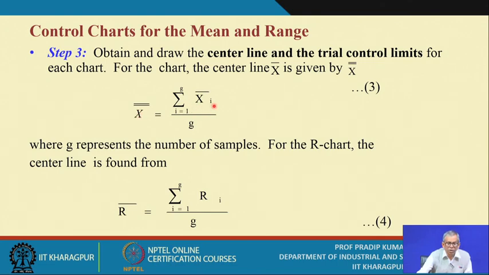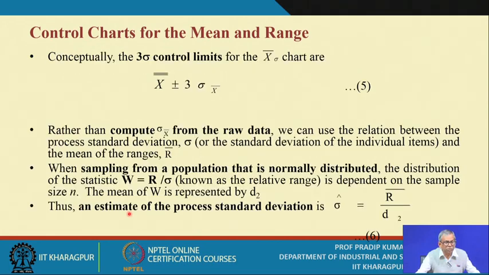Obviously you have for the ith sample xi bar, and when you consider all these g sample means and take their average, you get x double bar, the mean of the means. Similarly, for each sample you calculate Ri, the range, and considering the g samples you get R bar.